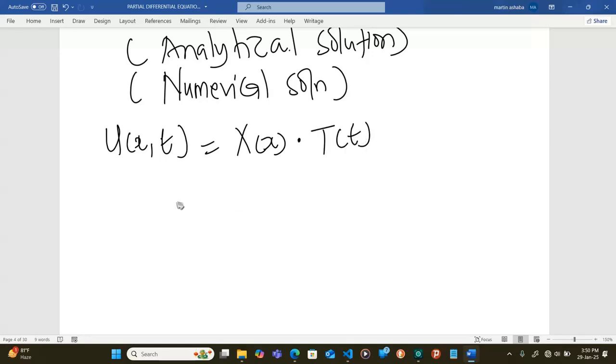In other words, we are making this a trial. Since this function is defined by the position x and also the instant time t, then we can take x to have its own function. We have a function X of x, that is position or distance or displacement, and T, capital T, a function of small time t.